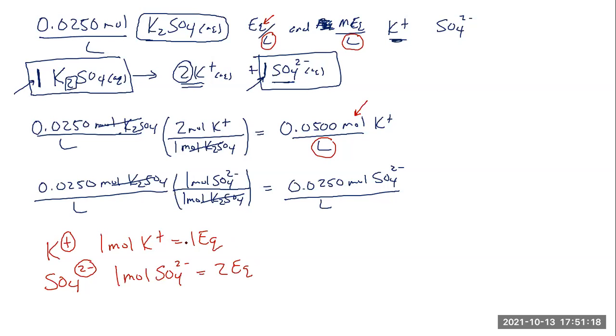We can use both of these as conversion factors. I think what I'll do is carry these numbers over to the next page, and then we'll continue on that slide.